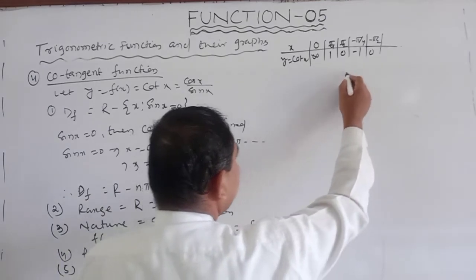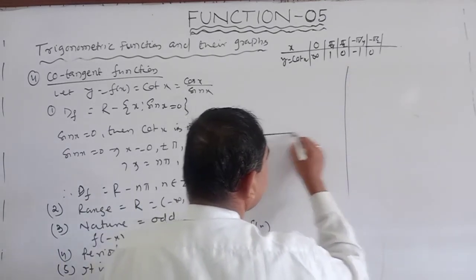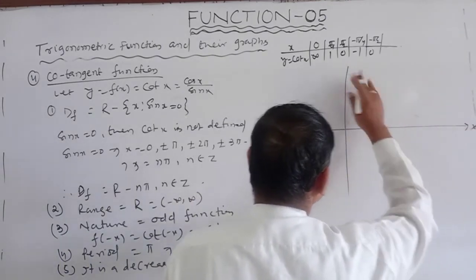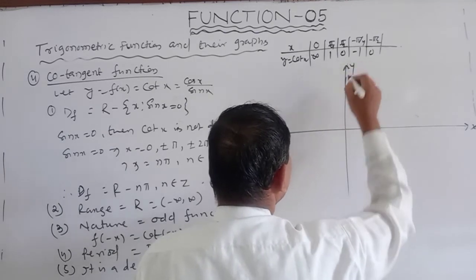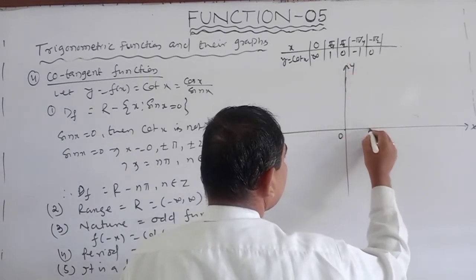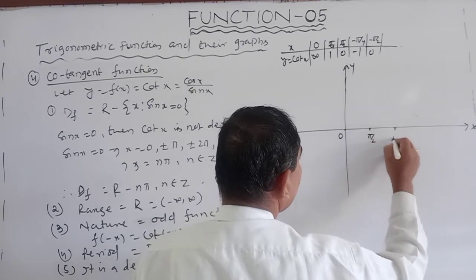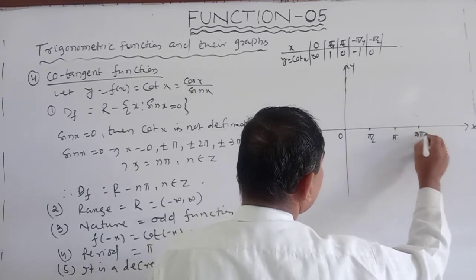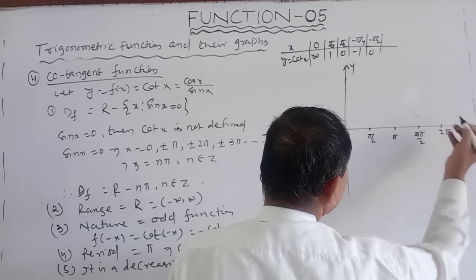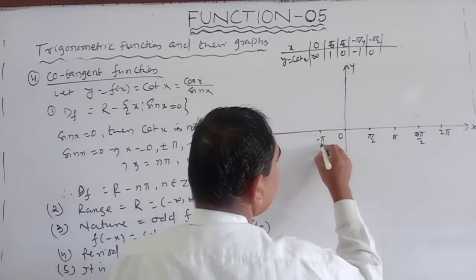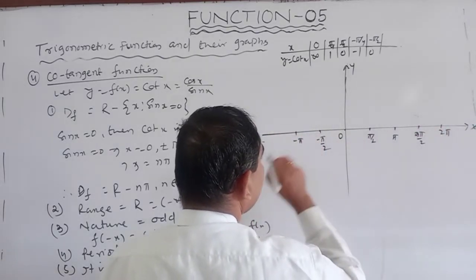Now look, this is x, this is y, 0, pi by 2, pi, 3 pi by 2, 2 pi, minus pi by 2, minus pi.